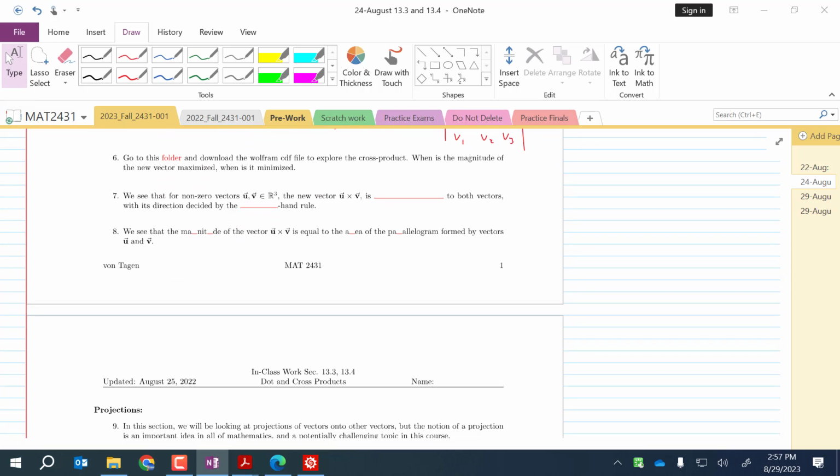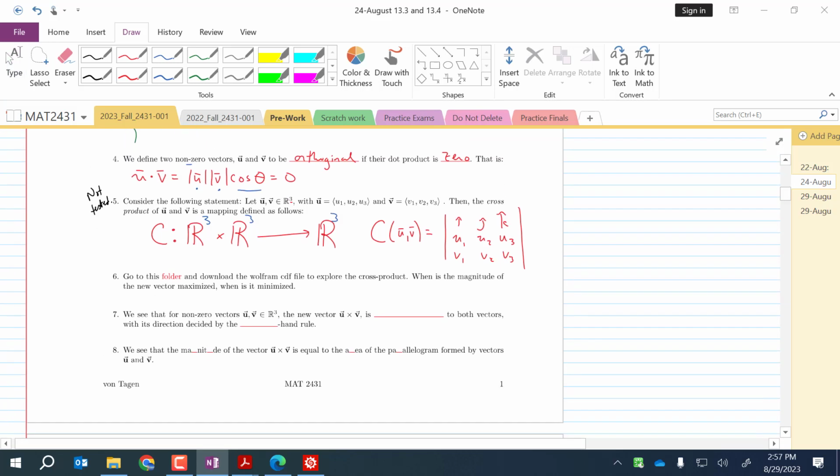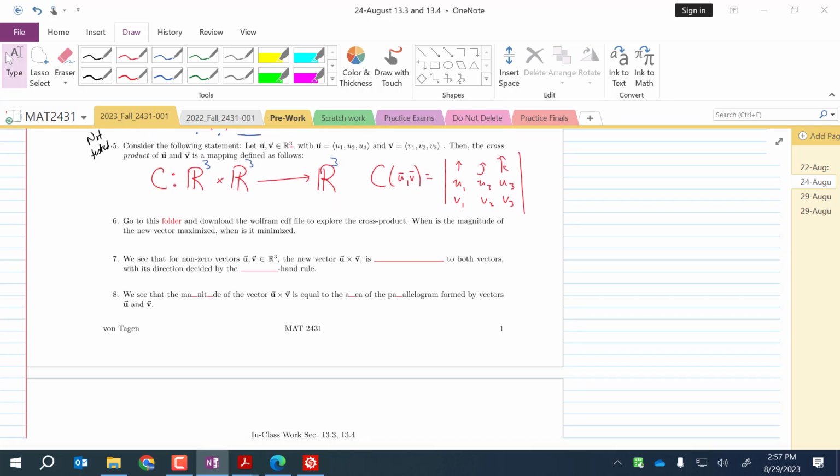It's kind of cool to see it worked out. But the true definition of a cross product is a new vector whose direction is determined by the right-hand rule and whose magnitude is just the area spanned by those two vectors. Once you've got magnitude and direction, you've got your vector.